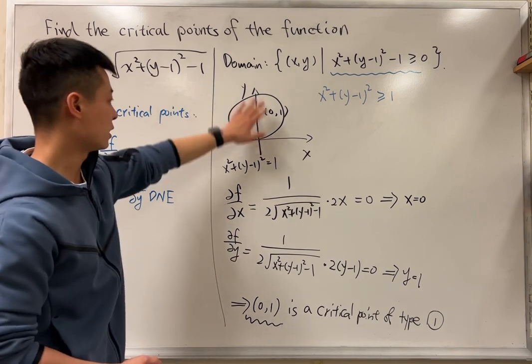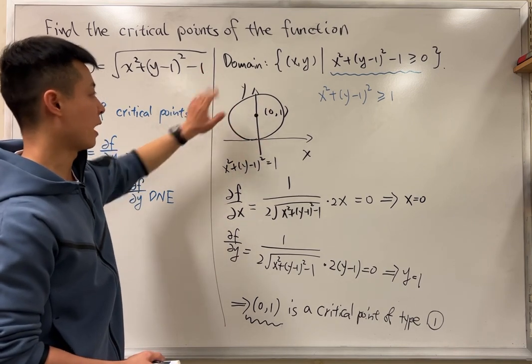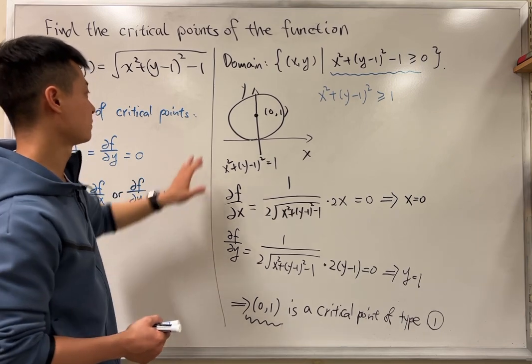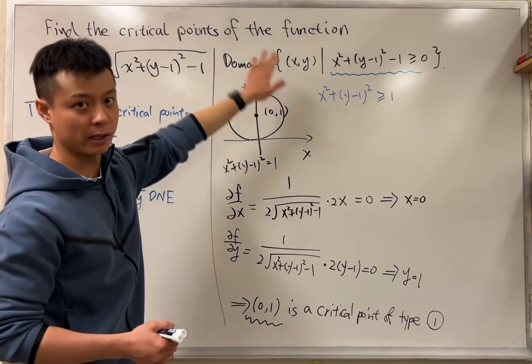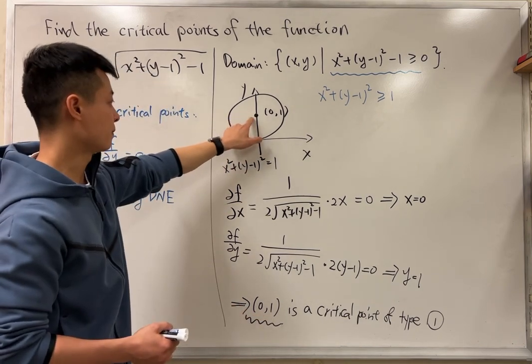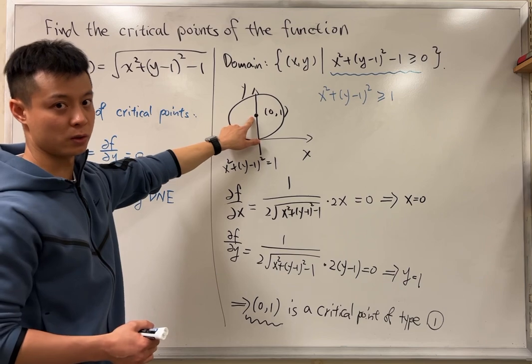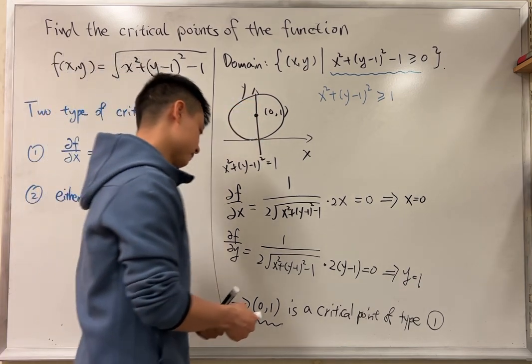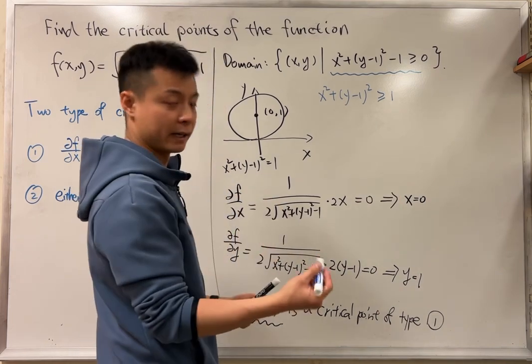And we can also see it from the graph here. We just said that the domain is a set consisting of points on the circle and outside the circle. But this point (0, 1) is at the center of the circle, which is inside the circle. And therefore, it's not a critical point by definition.